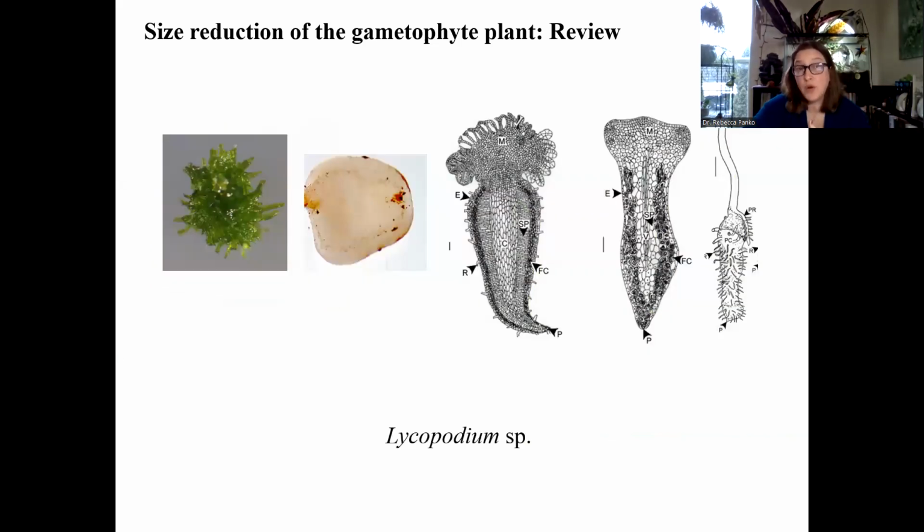Once we get to Lycopodium, the gametophyte plant is even smaller. Some species of Lycopodium make this little tiny green blob. This is not even comparable to a dime. This is more like the size of a peppercorn or something, super, super small.